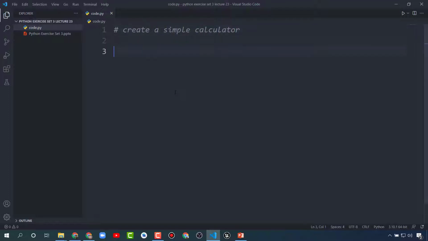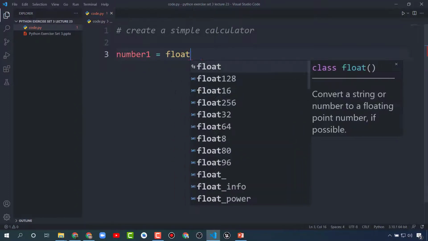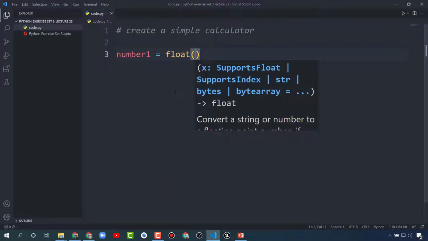So to create a calculator, we take input from the user. We take two numbers from the user. The first one is number 1. We convert it to a floating number.